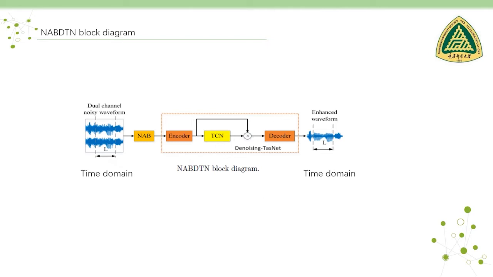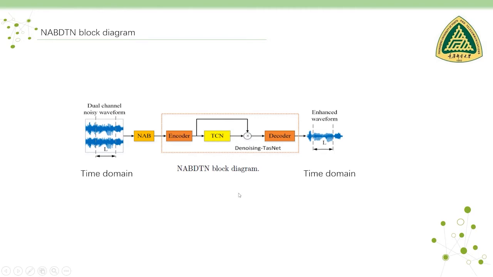The NABDTM block diagram is shown in the figure. The input is time domain, and the output is also time domain information. So this is an end-to-end noise suppression model.